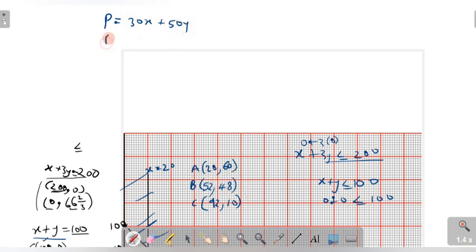So P is going to be equal to 30 times 20 plus 50 times 60. This would be equal to 600 plus 3000. That'll be 3600.